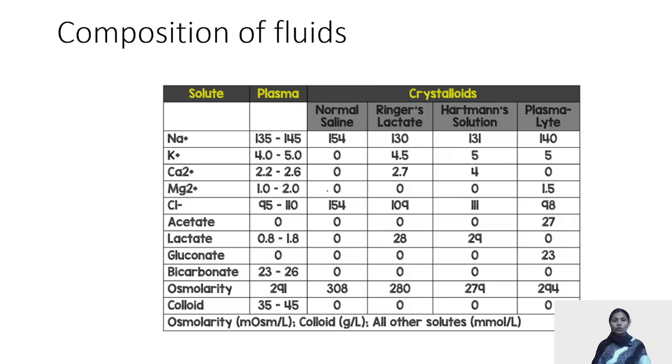The thing that you all should know is that in Plasma-Lyte A, there is a new component introduced, that is the acetate in place of lactate, because lactate was known to cause lactic acidosis, which is absent in the case of Plasma-Lyte A. Talking about ringer lactate, it has all the electrolytes present in it. Other than the electrolytes, the osmolarity of the ringer lactate is more or less similar to the blood, more or less similar to the plasma.